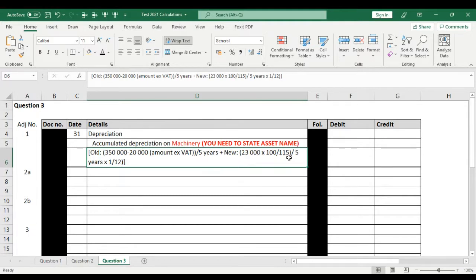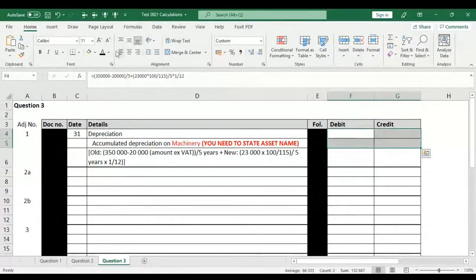So I take out the amount excluding VAT, which is 20,000, and then the remaining balance I divide by 5 for the old assets to work out the depreciation. And then for the new asset, I add the 20,000, divide by 5, but we've only used it for 1 month. So then I've apportioned it for 1 month, and then you get an amount of 66,333.